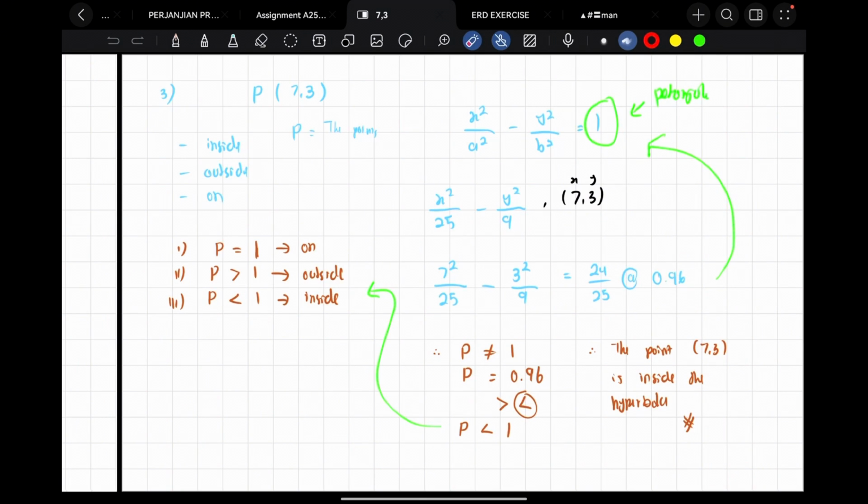P is the value obtained from the point. Our answer is p equals 0.96, so it is less than 1, and when p is less than 1 the point is inside the hyperbola. So our conclusion is that the point (7, 3) is inside the hyperbola.